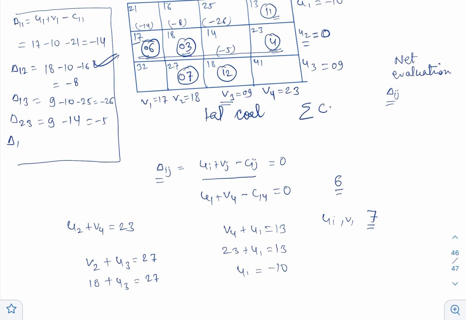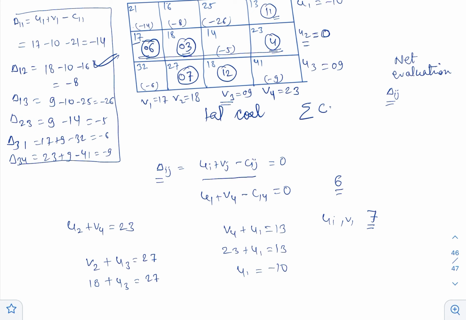For delta 31 it is 17 plus 9 minus 32, which is equal to minus 6. And delta 34 is equal to 23 plus 9 minus 41, which is equal to minus 9.